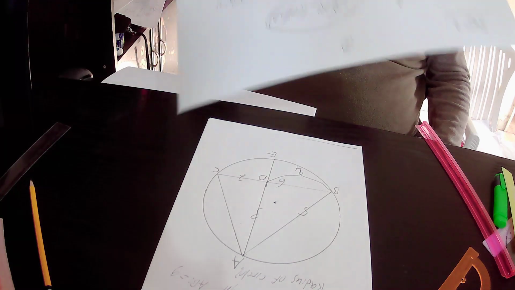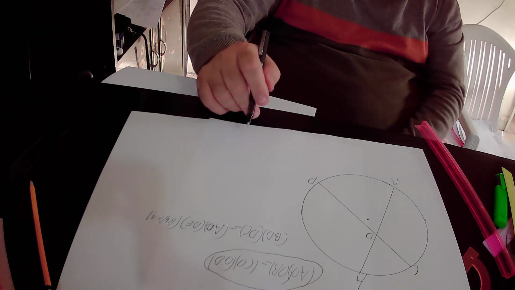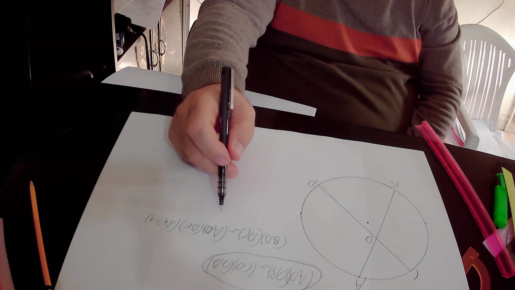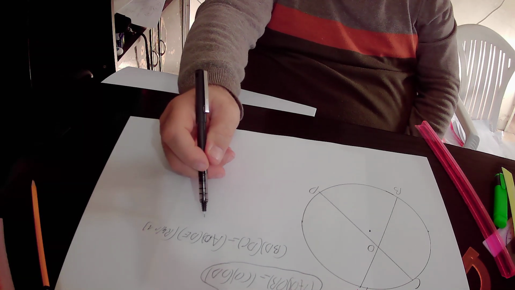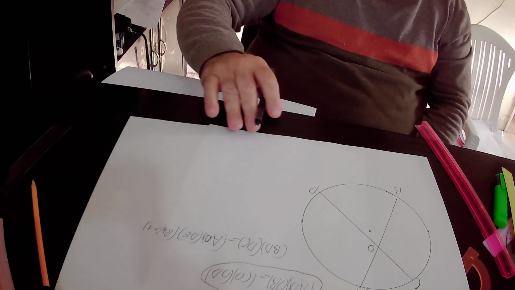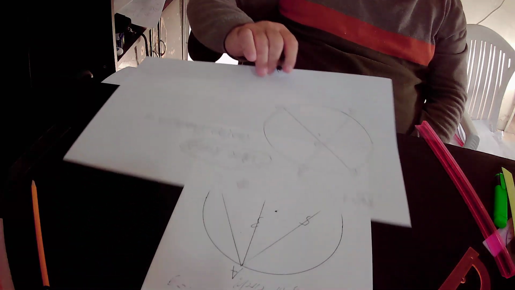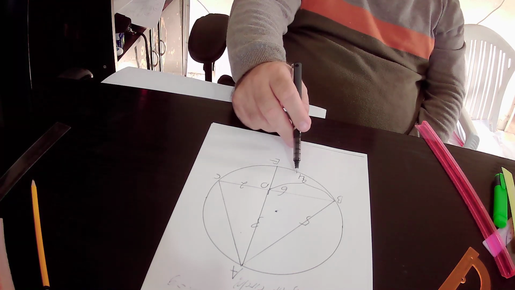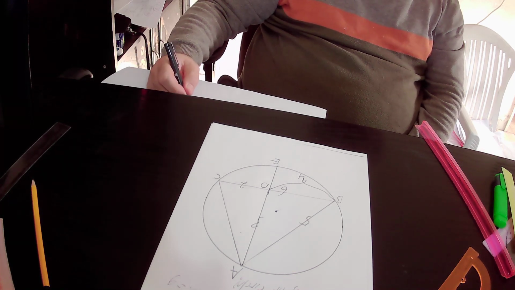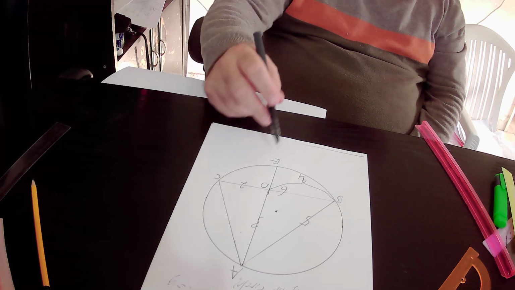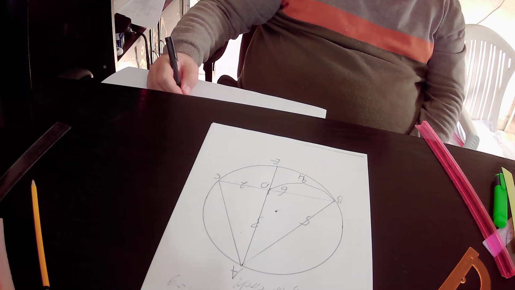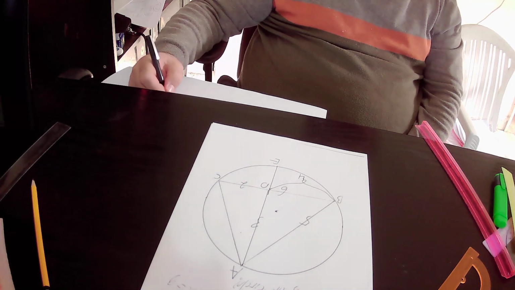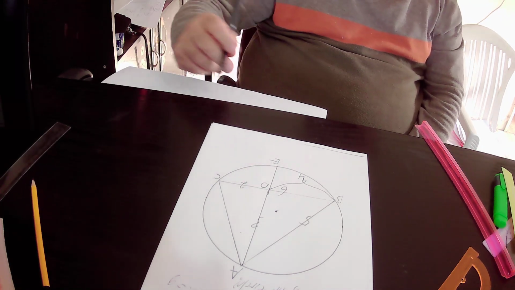So in our drawing, according to rule number 1, we get that BD times DC equals AD times DE. BD equals 4 units, DC equals 2 units, AD equals 3 units, and DE is the missing line segment.